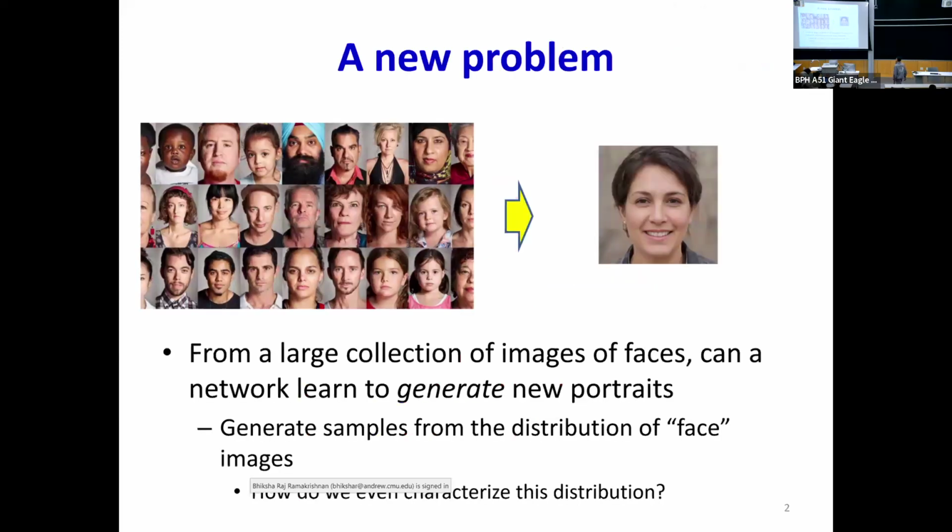So here's a new problem. I'm giving you a large collection of images of faces. Can a network learn to generate new portraits? Sample from this distribution of faces, right? Based on what you've learned in the last class, how could you do this? Yes, Alistair.